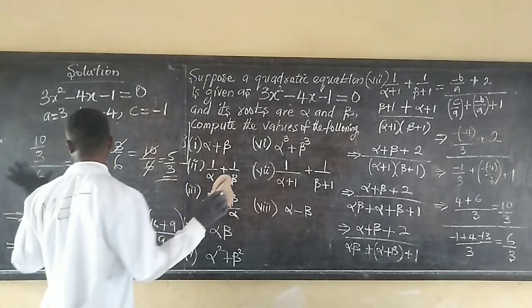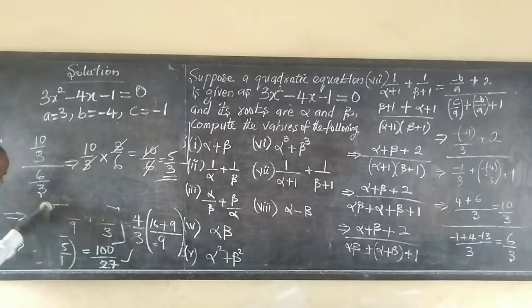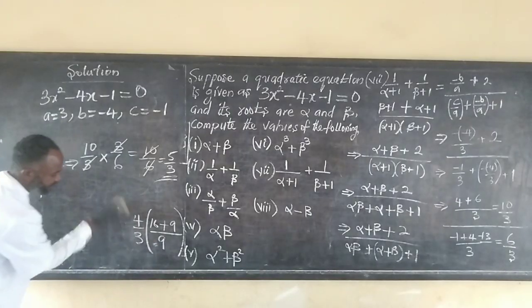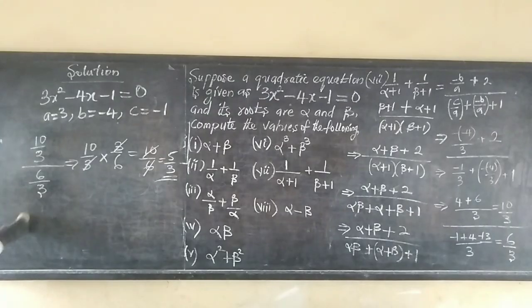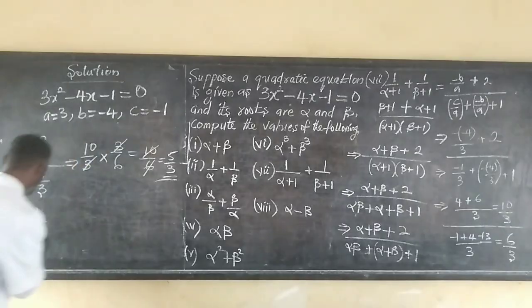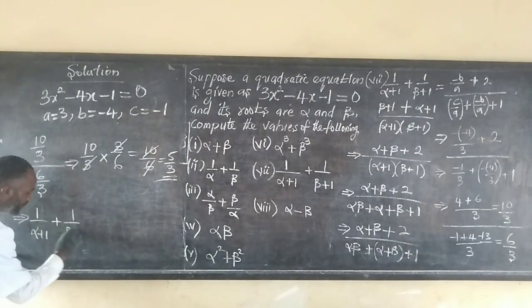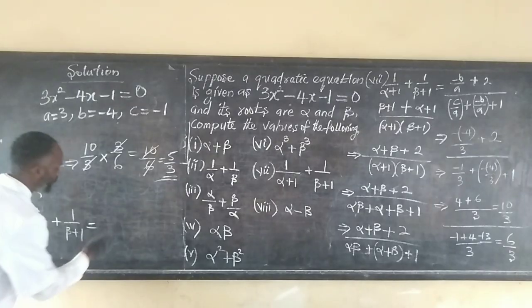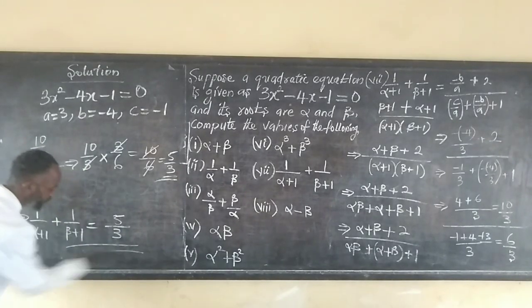That's the answer. It means, in conclusion, that all that fraction given, 1 all over alpha plus 1, and then 1 all over beta plus 1, all equal to 5 over 3. Solved.